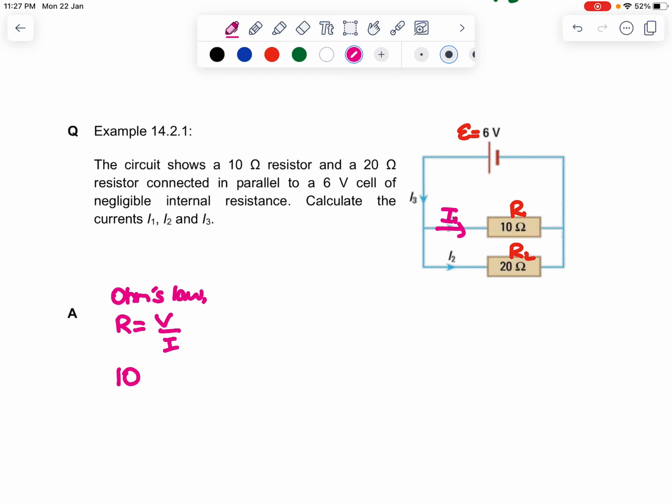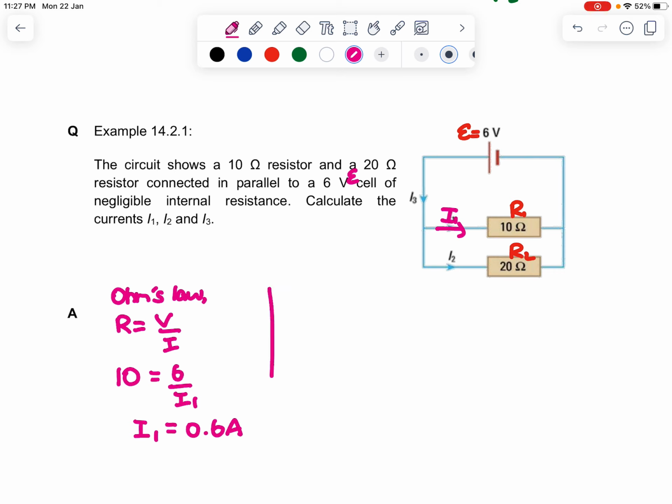R is 10 ohms. Voltage, which is the EMF, here, 6 volts over I. You get I1 equals 6 divided by 10, which is 0.6 ampere.